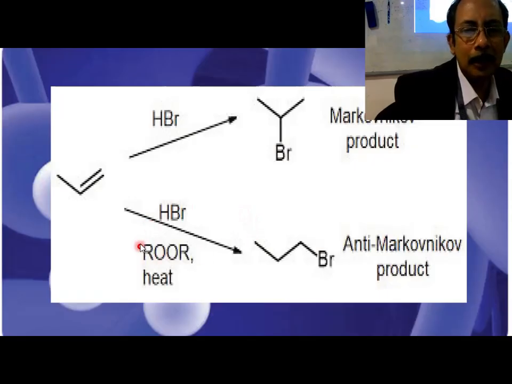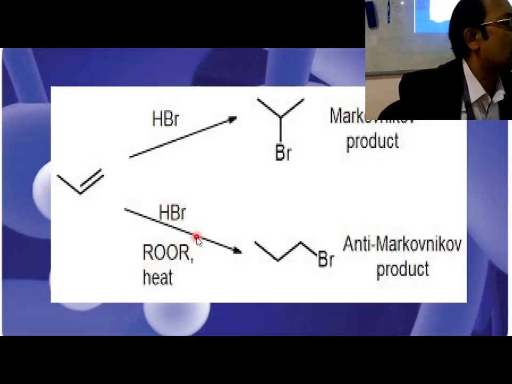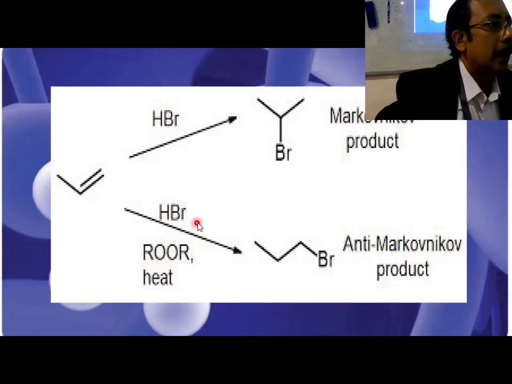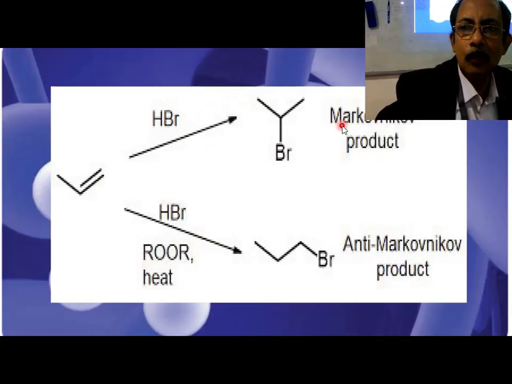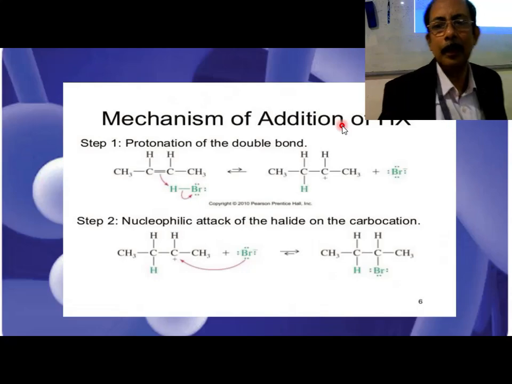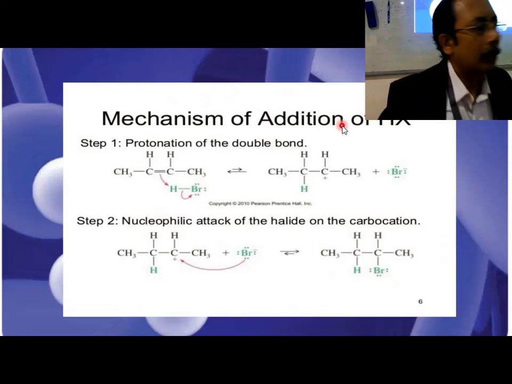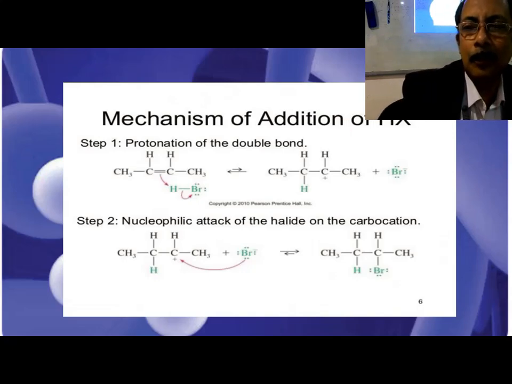Along with that, you have some free radical generator, called an initiator, and there will be a non-polar solvent. And if you have a polar solvent, then it will obviously go by the Markovnikov process. This is the Markovnikov way.